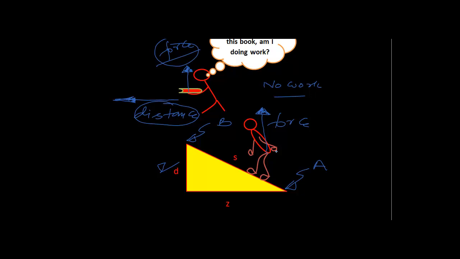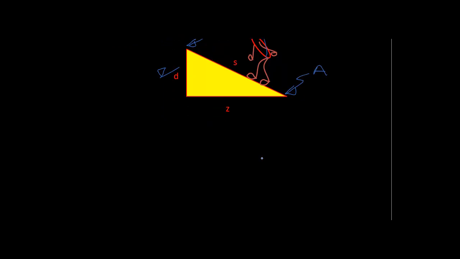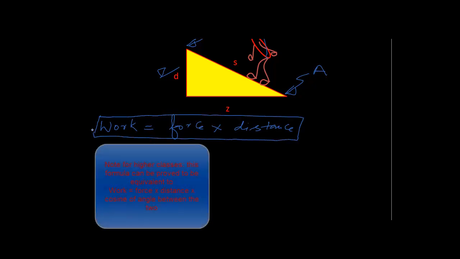So let's develop a formula for work. In physics, precisely, work is defined as, so let me write here, work is defined as a product of force that's being applied multiplied by the distance that is covered. But what is more important is that this force and the distance that we take must be in the same direction.